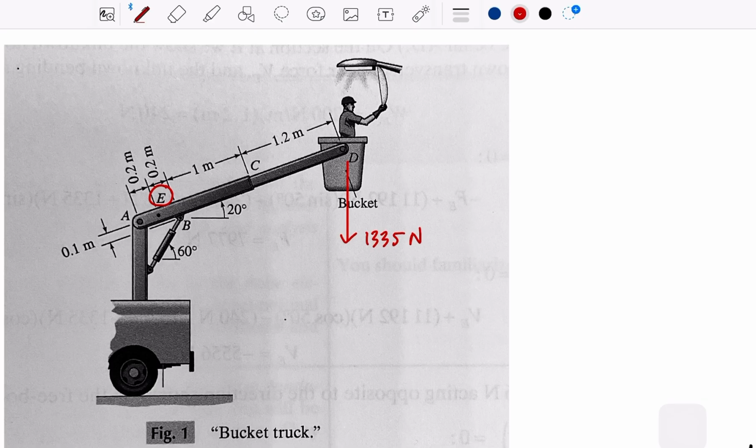We need to find all the reactions first, or probably build a free body diagram, find all the external forces, and then after that we cut open this E and find the internal force.